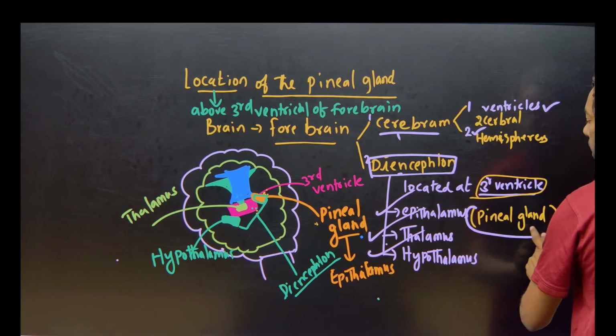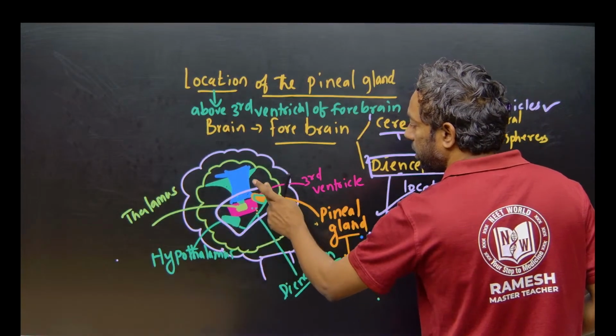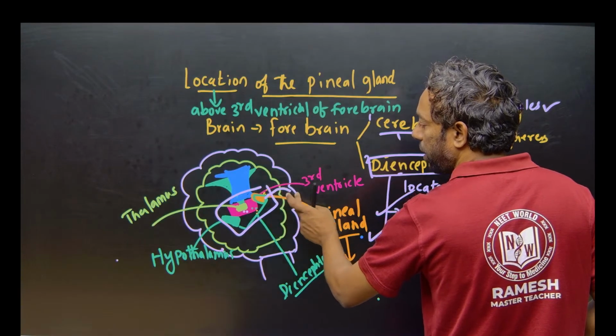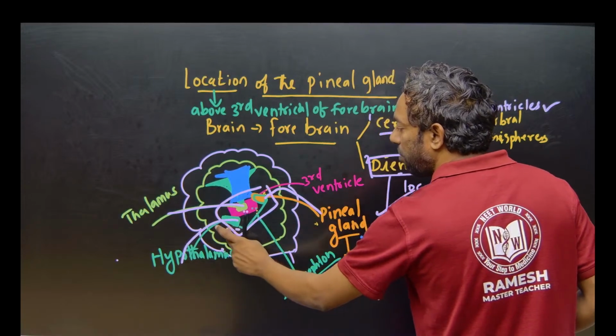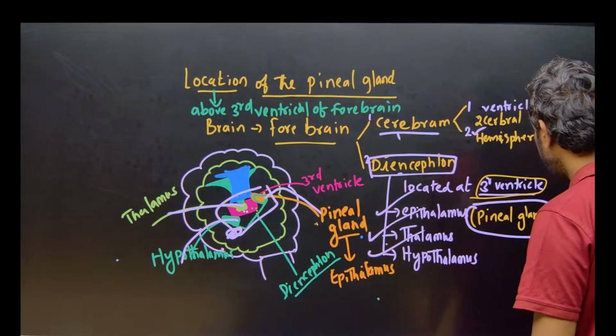The epithalamus we call the pineal gland. This is the third ventricle. Above the third ventricle, pineal gland, thalamus, hypothalamus. Below the hypothalamus, there is the pituitary.